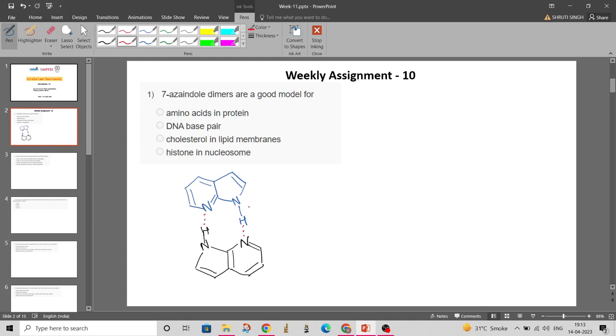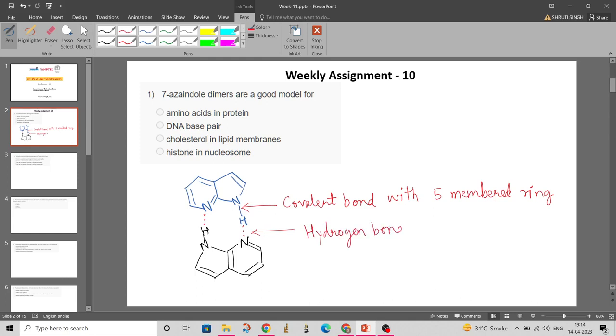Okay, so this one is the covalent bond with the 5-membered ring, and this one is the hydrogen bond to the 6-membered rings.